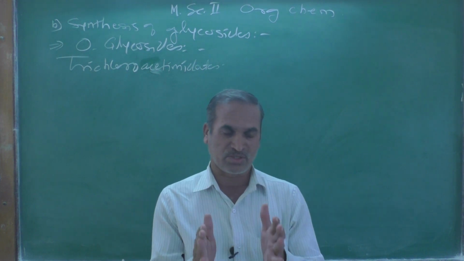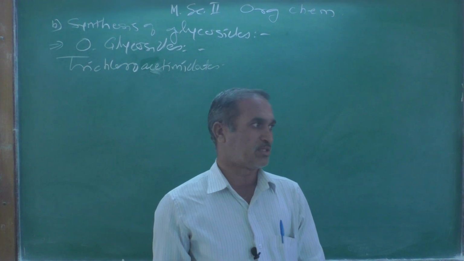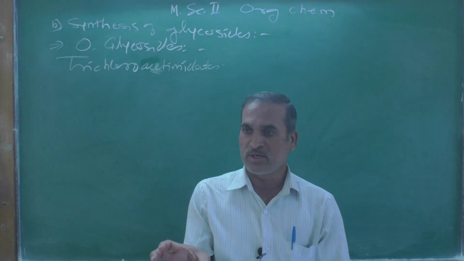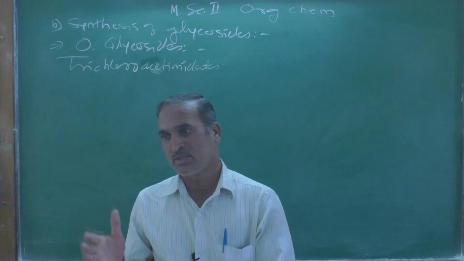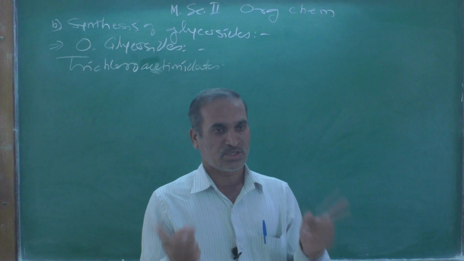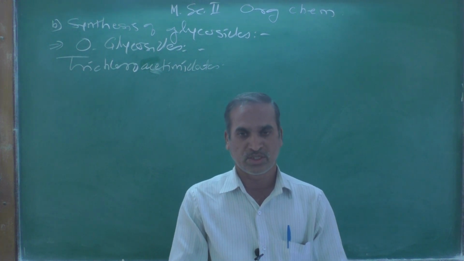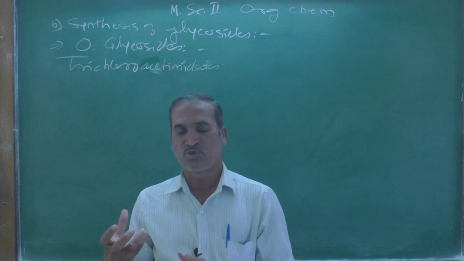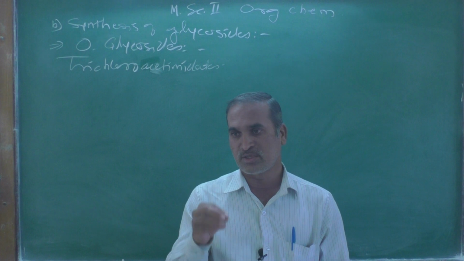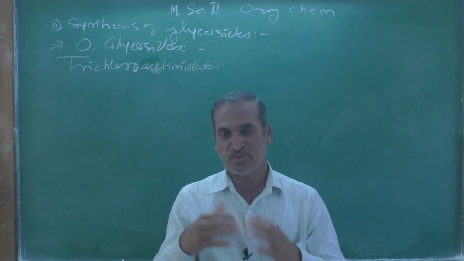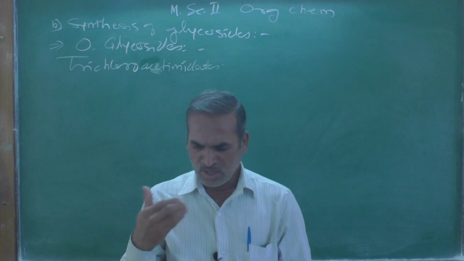in glycosidic bond formation, one should be a donor and one should be an acceptor. In nature, they come together due to a special force which is known as the electrostatic force of attraction, and the bond is formed, or sometimes it is referred to as O glycosides.